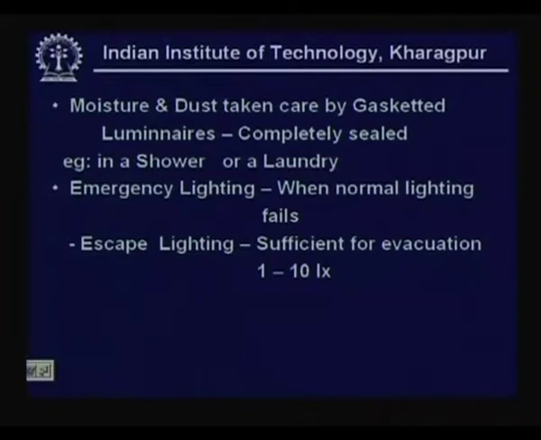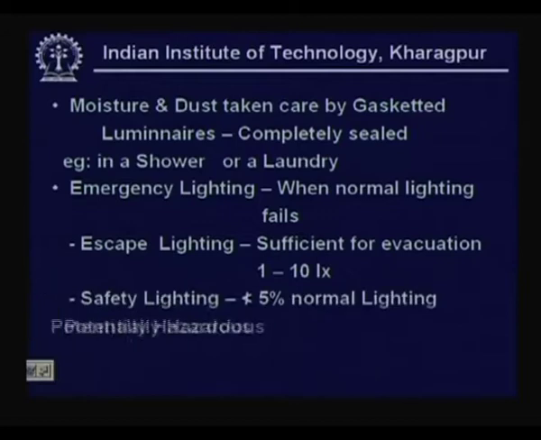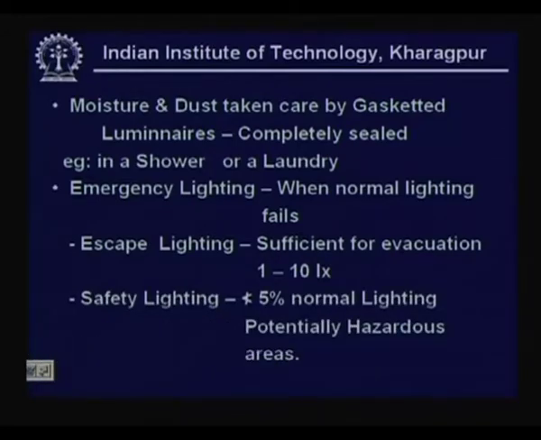Escape lighting is a minimum lighting to be able to locate the exit passages. In fact, we have observed that these exit passages are often provided by guided lights or fluorescent lights or indicators. Safety lighting is normally not less than 5% of the normal lighting in potentially hazardous areas. That is very important.